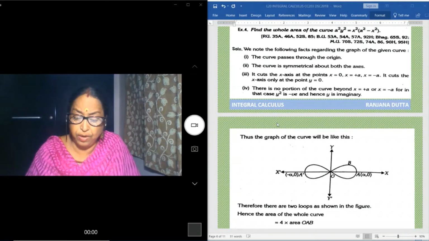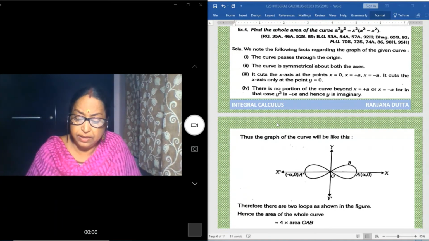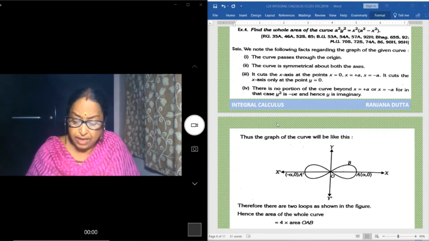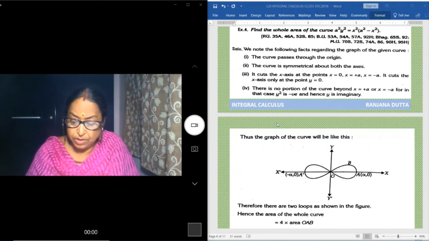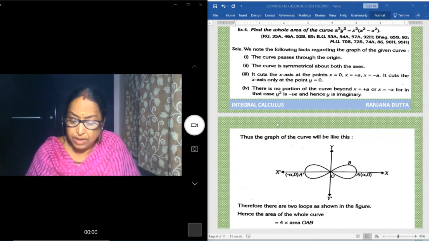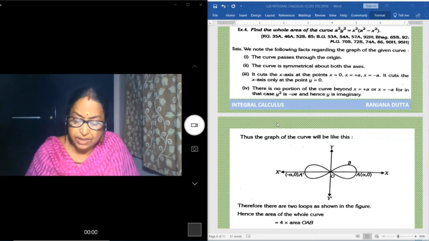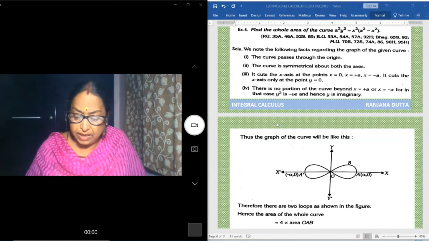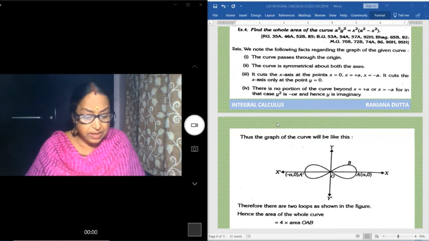That's why 4 times the area, and that is y into dx, and after substituting the values as x is equal to a sine theta, we can get the required result.